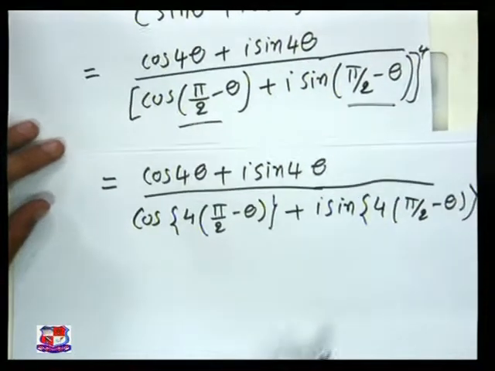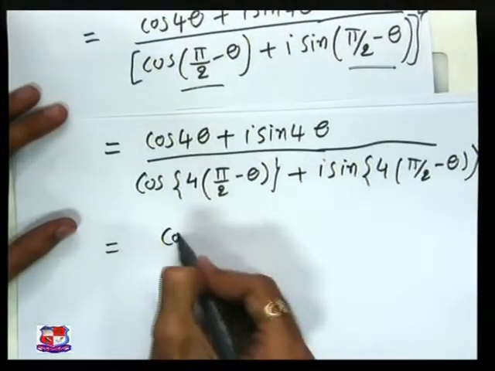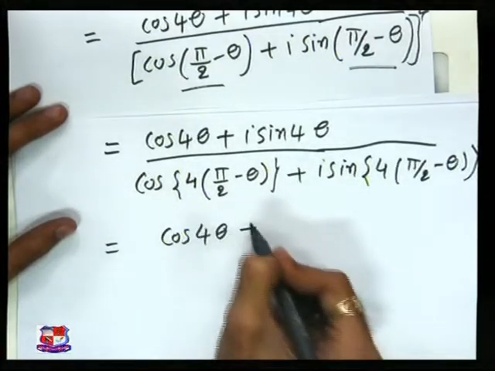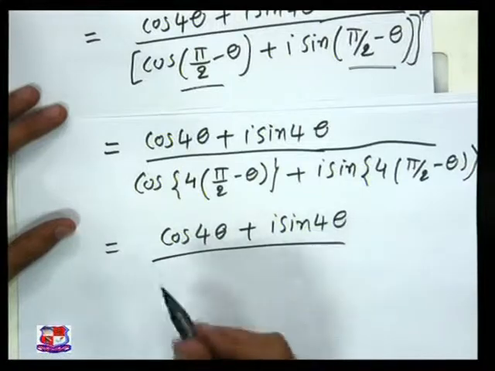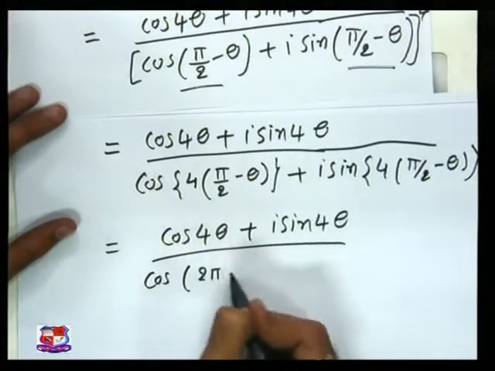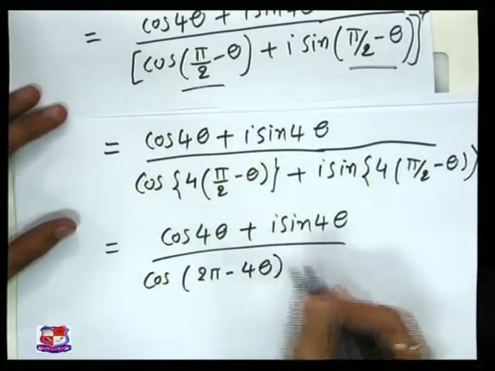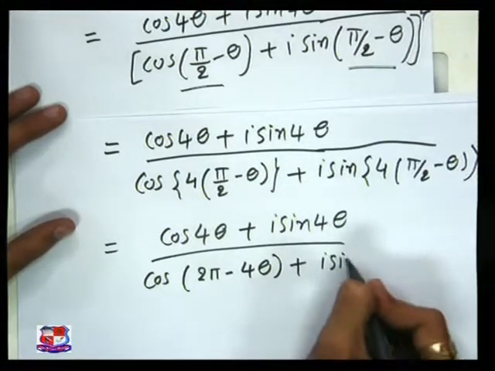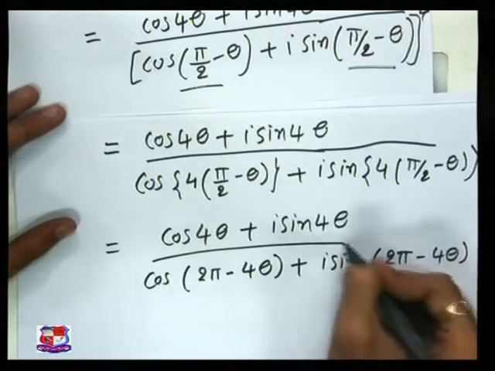So I will get cos 4 theta plus i sin 4 theta upon cos(2 pi minus 4 theta) plus i sin(2 pi minus 4 theta).